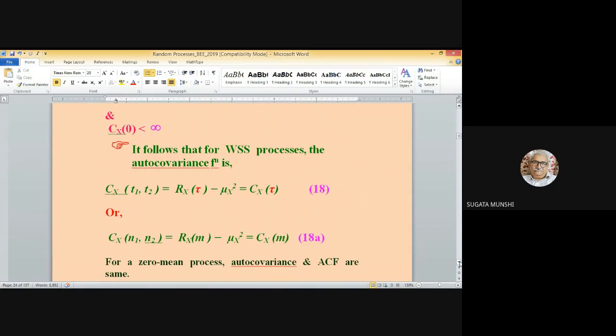So for a zero mean random process, autocovariance and autocorrelation functions are the same. Zero mean means mu x is 0. Mu x is 0 means Rx tau equals Cx tau and Rx0 equals Cx0. When we talk about a zero mean random process, it's implied that it is wide sense stationary. Why? Because if it is not stationary, you cannot specify the mean value.